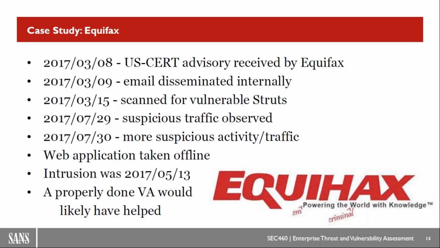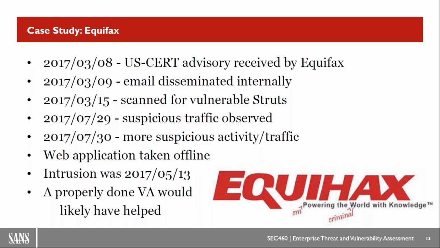And how would you find Struts or the equivalent in your environment? Now, the rest of the story, of course, is quite interesting. In late July, they noticed suspicious traffic leaving their environment. On the 30th of July, they saw it again, and they took the application offline. It was not the primary application for Equifax.